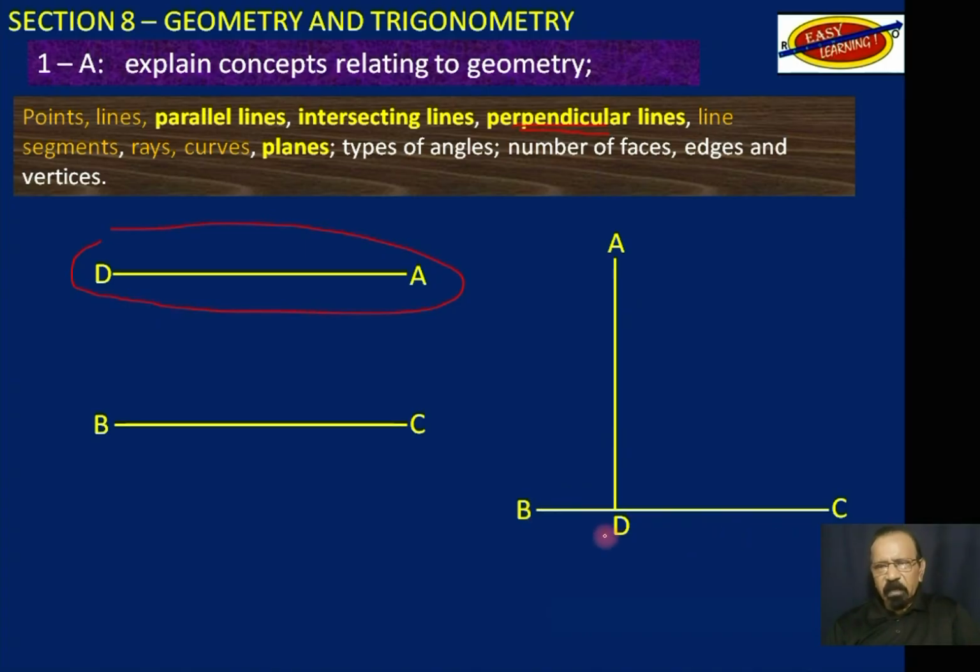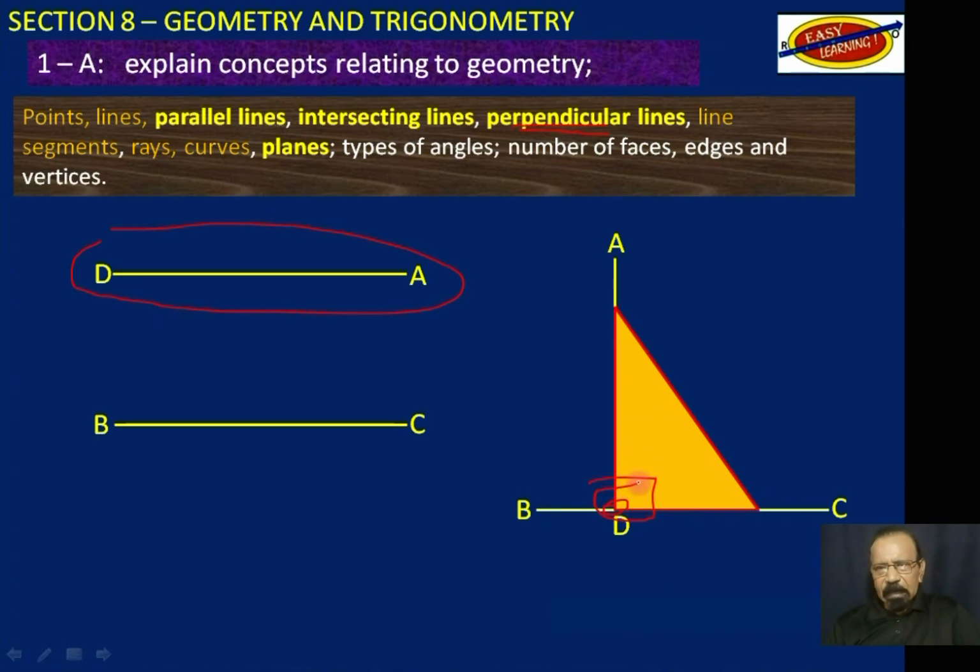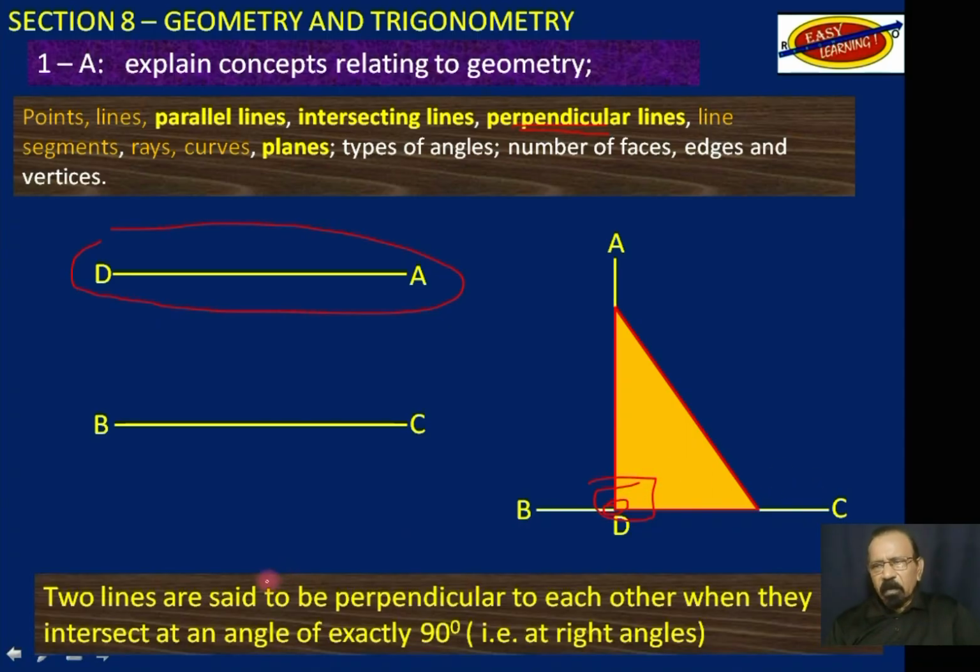This is BC going across, and this is AD coming straight down, touching at D. If we take a set square and put it there, we will find that this angle here is exactly 90 degrees. So two lines are said to be perpendicular to each other when they intersect at an angle of exactly 90 degrees. That is at right angles.